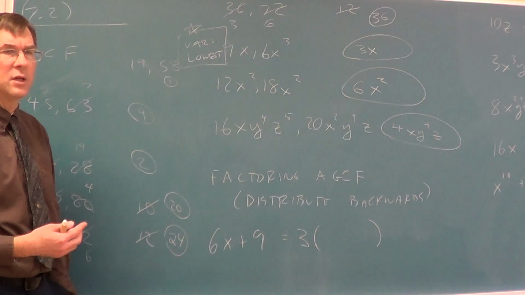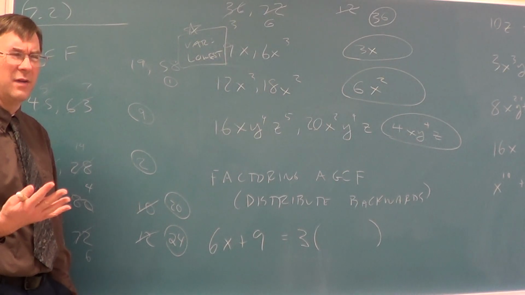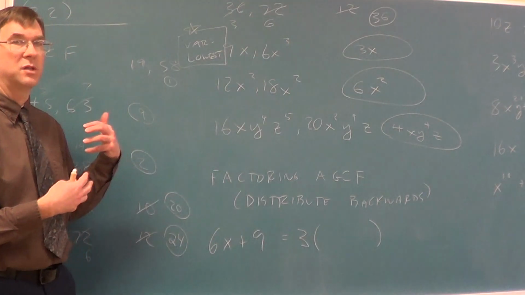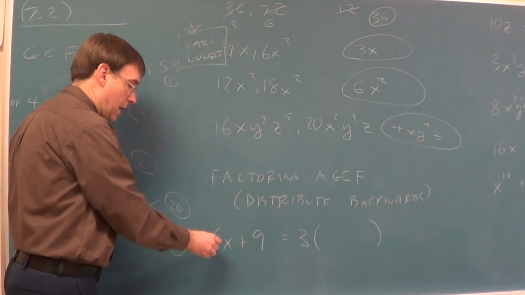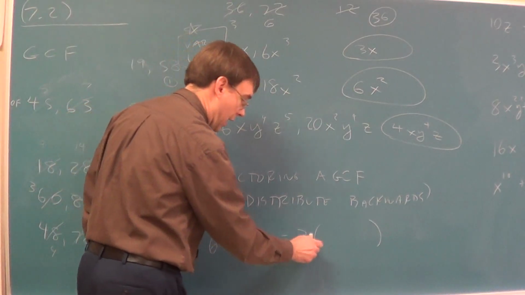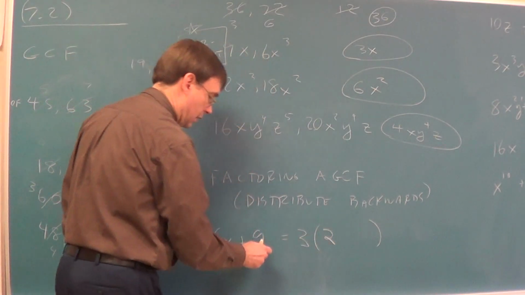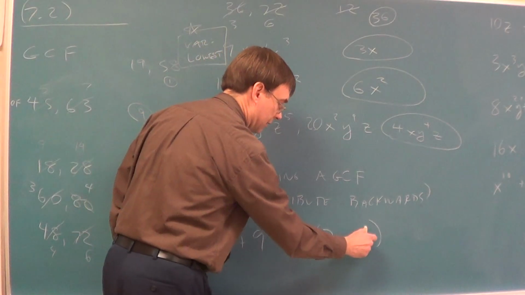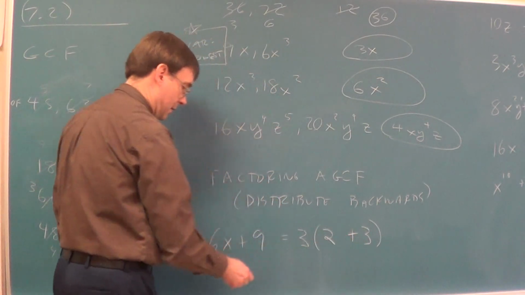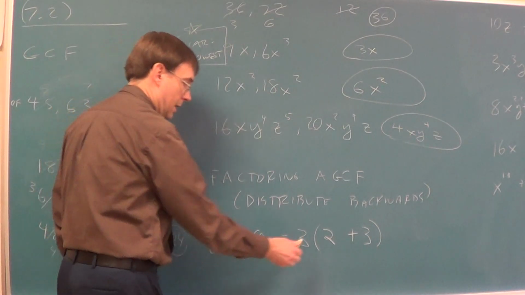Okay. Distributing is what? Adding, subtracting, multiplying, or dividing? What are you doing when you distribute? You're multiplying. So if we're undoing that, we must be dividing. So you take what you had and you divide by the GCF. So 6 divided by 3, 2. 9 divided by 3, 3. We see a plus, so just don't mess with that. And who else was sitting there? An x.